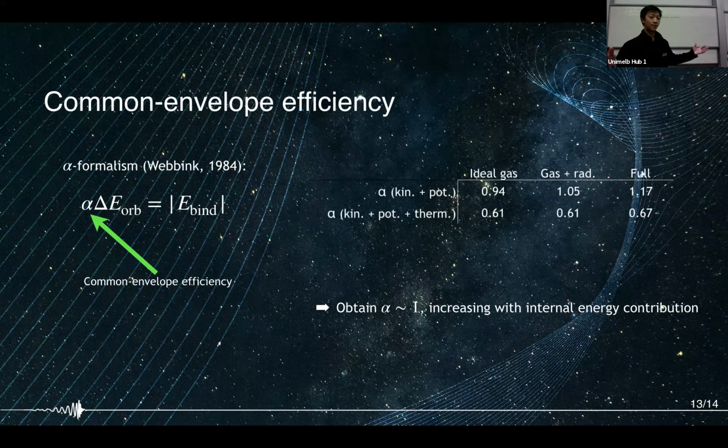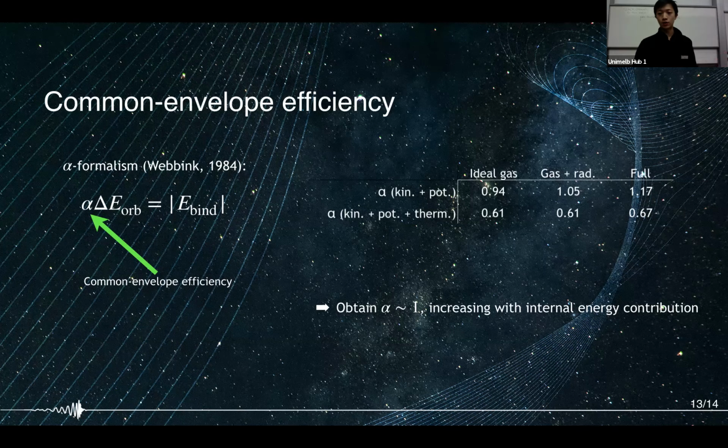However, if the orbital energy is not used completely efficiently, we don't expect this equality to be true. And so we add in a fudge factor, which is called the alpha, or common envelope efficiency. To determine alpha, all we need is to determine the final separation and measure the binding energy of our envelope, both of which we can obtain from our simulations or from our stellar profile.